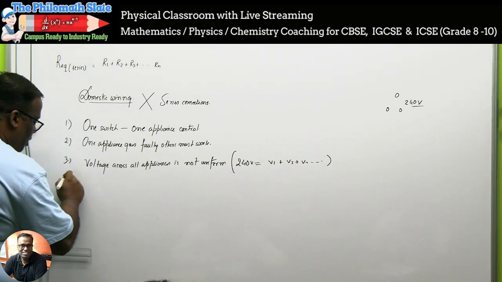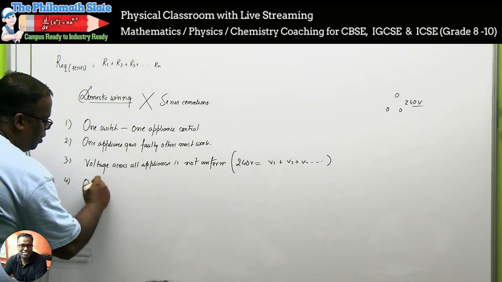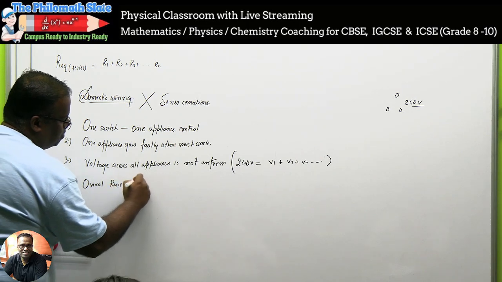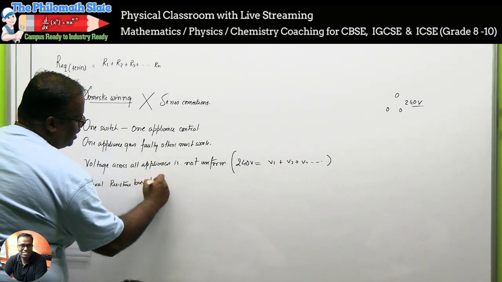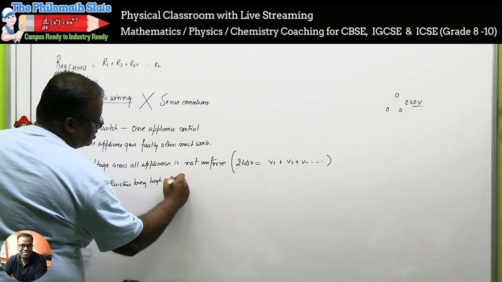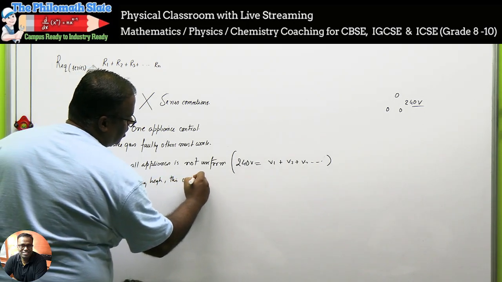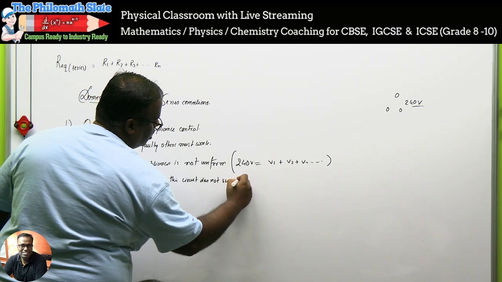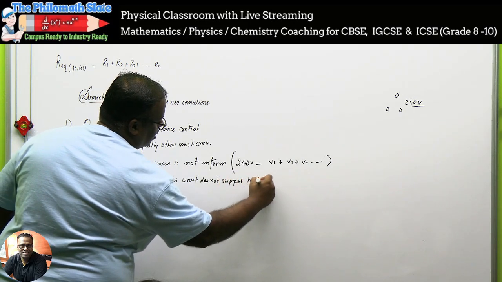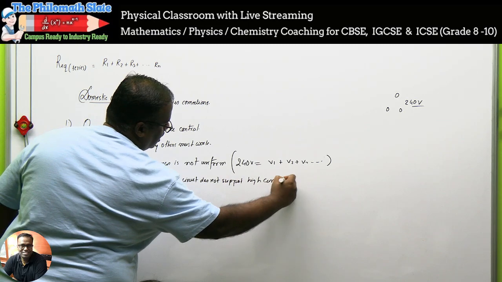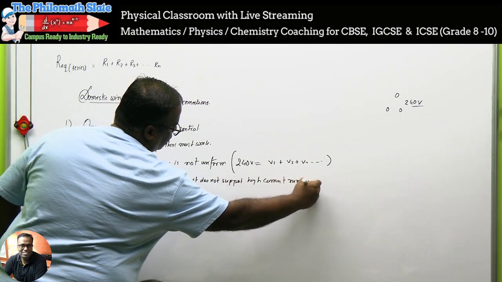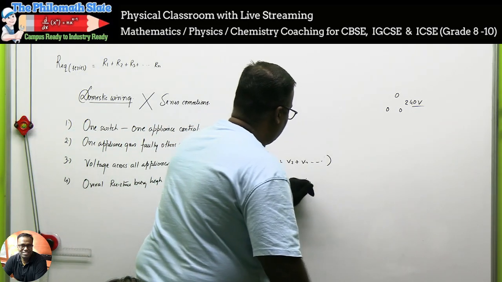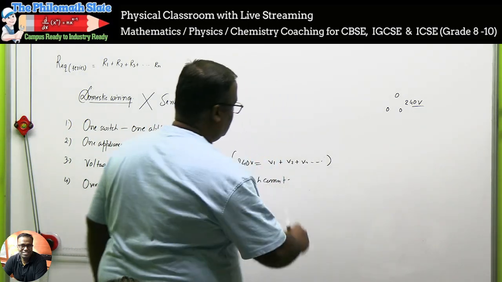And another one: overall resistance being high, this circuit does not support running of high current. Does not support high current in it.